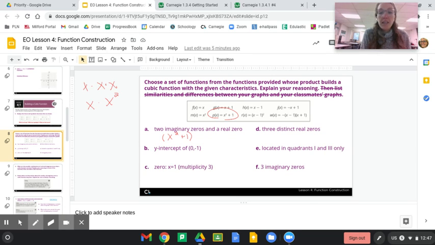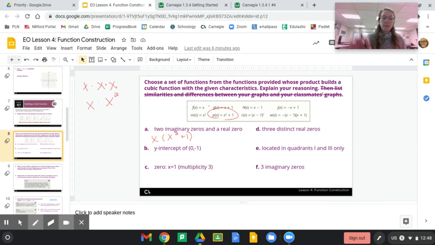So we could pick any of these factors. So you could pick f of x, g of x, h of x, or this other f of x. It doesn't matter. I can just put an x out there. And that would be a cubic function, because the x times the x squared makes x cubed, that has one real 0 of 0, and 2 imaginary zeros.